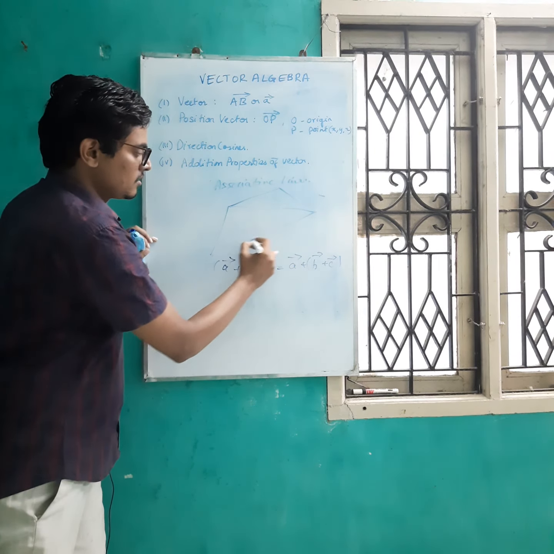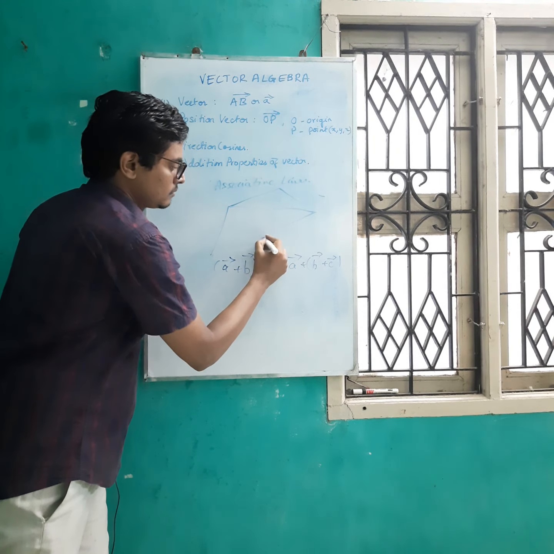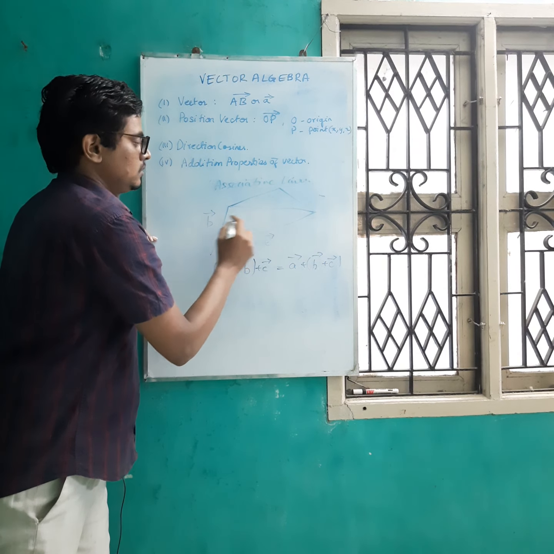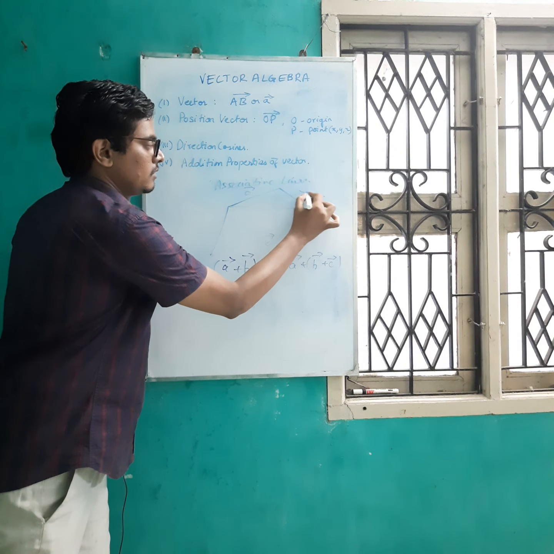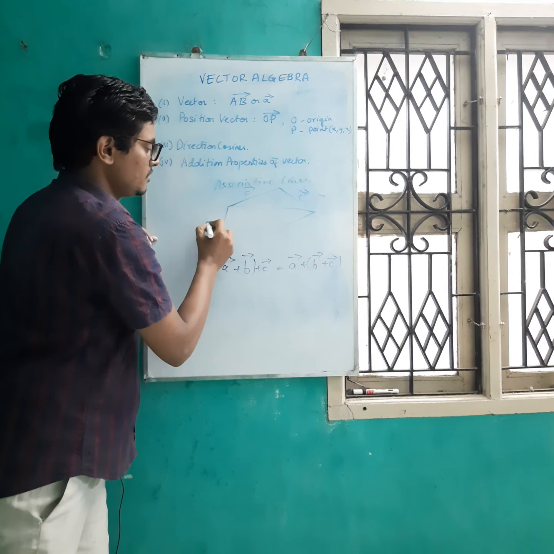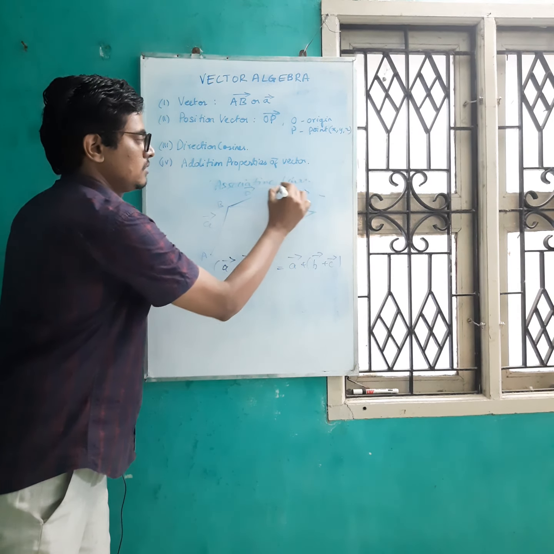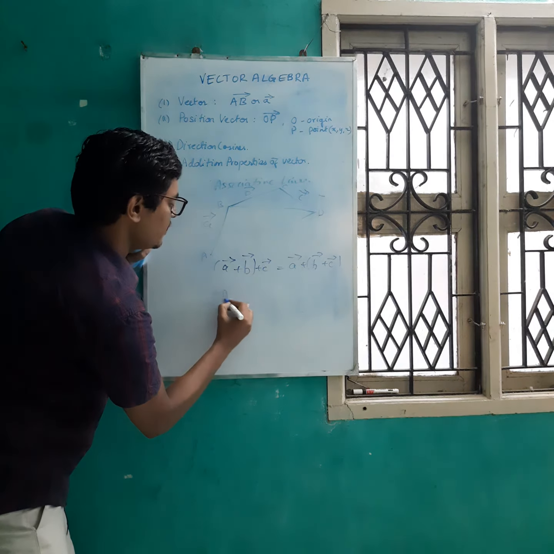So if this is A vector, this is B vector, this is C vector, and this is A, B, C and D. So what is AD vector?